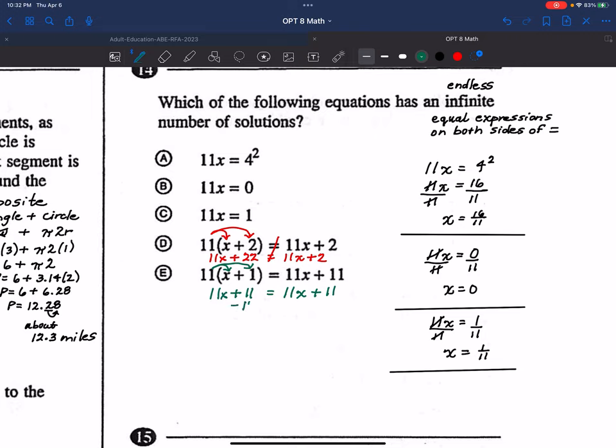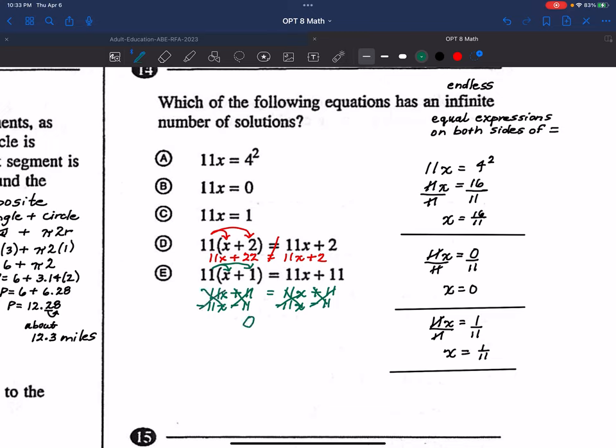Let's take this 11 over here and cancel. But look at this. It's going to cancel there as well. If I bring this 11x over here and cancel, it cancels there as well.